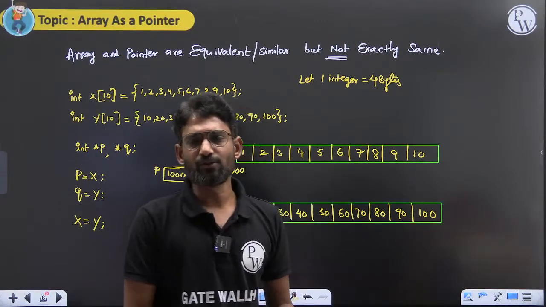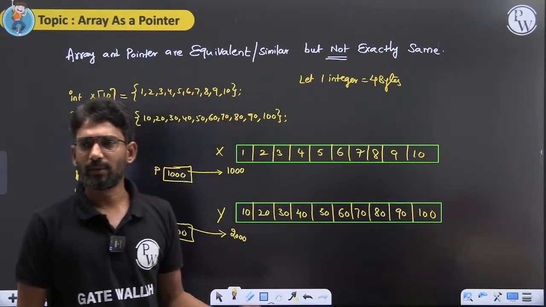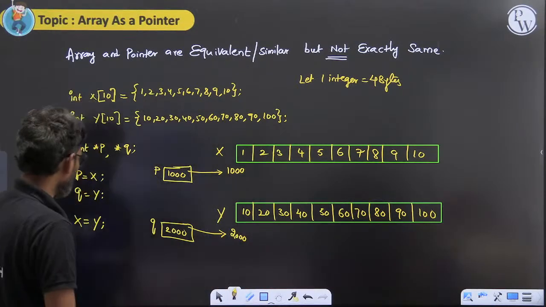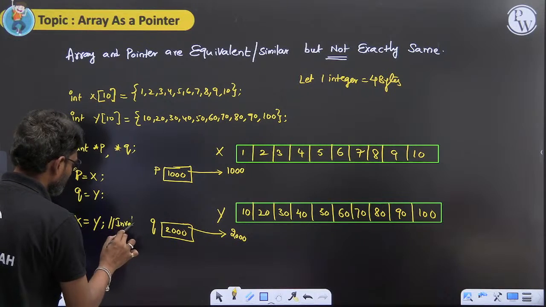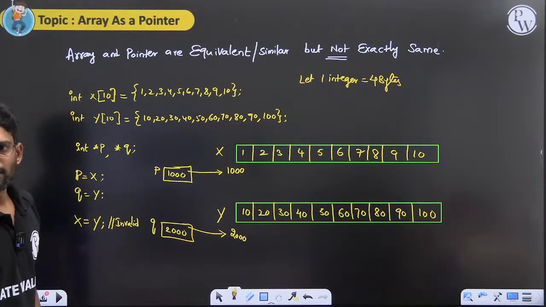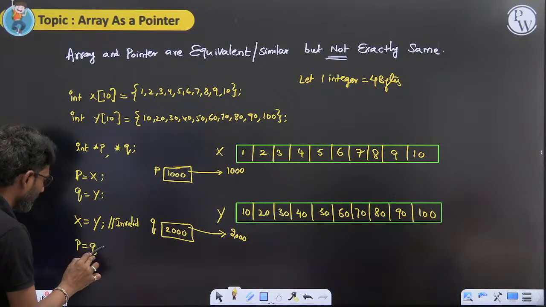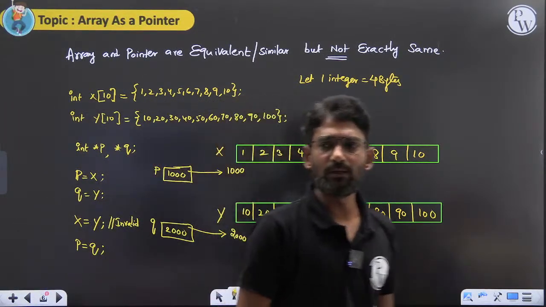Then no issue, no? I could, but actually it is an invalid operation. What? It is an invalid operation. Okay. Now you tell me, can I write P = Q? Can I write P = Q?